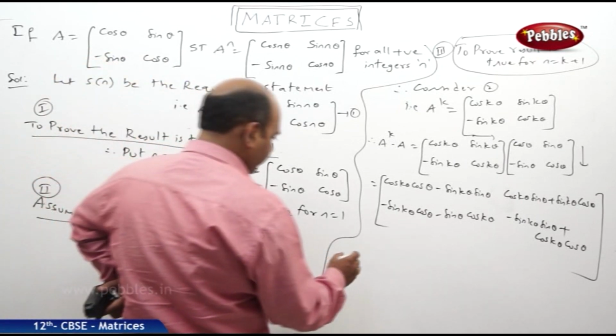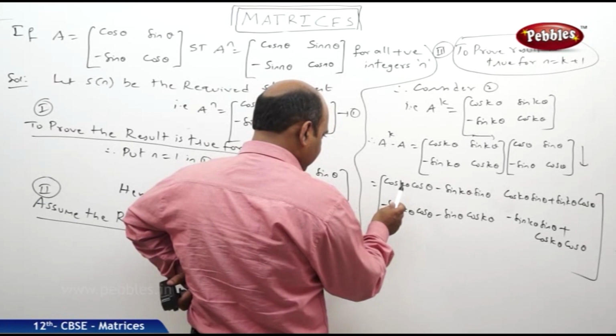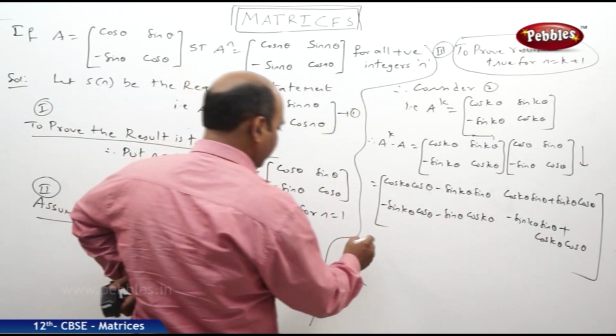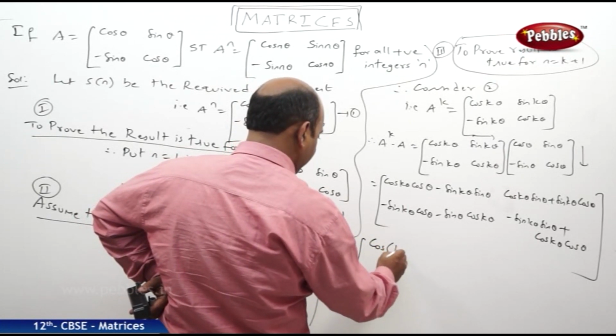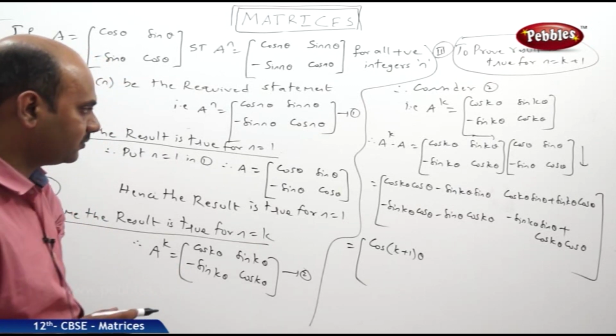If you observe carefully, cos A cos B minus sin A sin B, that means we get cos of k plus 1 into theta.